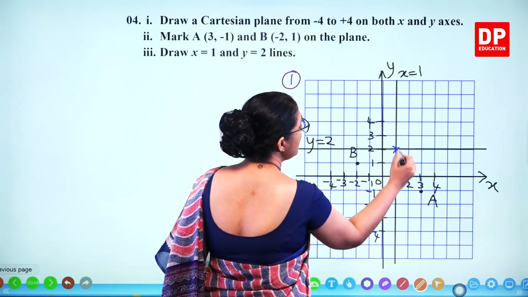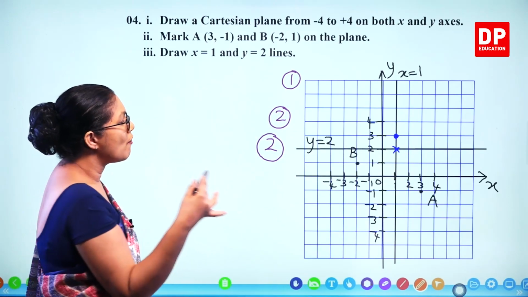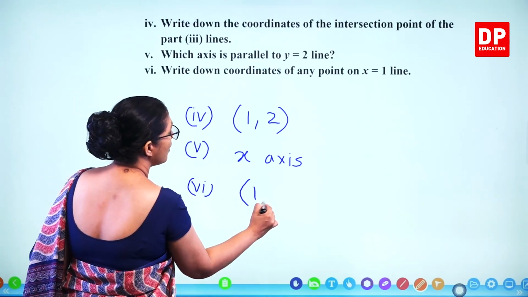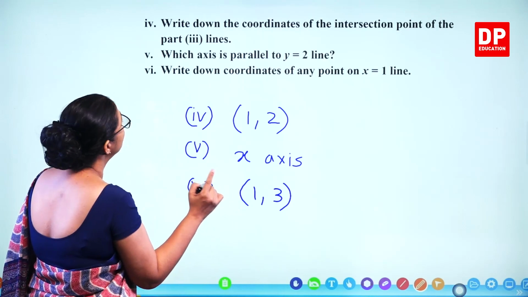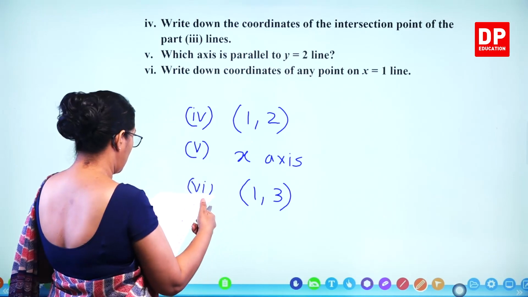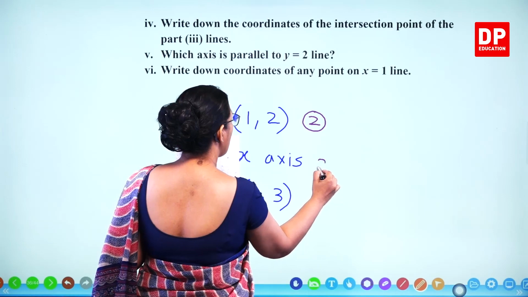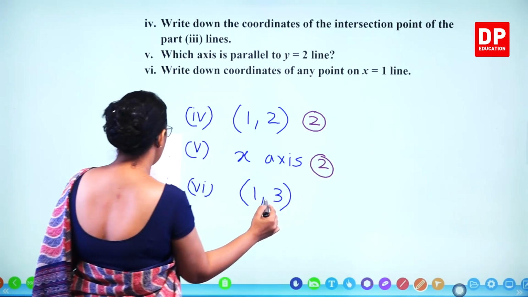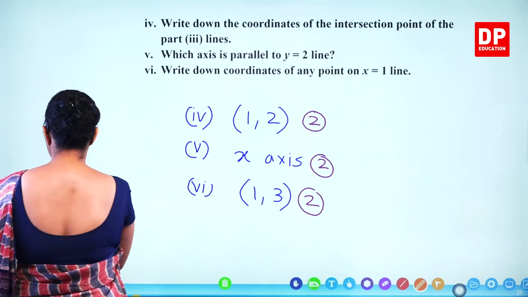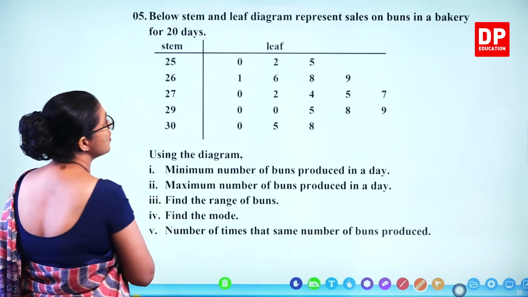So I'll take this point, 1, 3, or 1, 4, or 1, -2. 1, 3. Just 1 point. So you are getting 2 marks for writing down this and 2 marks for the x-axis and 1, 3 or any point, 2 marks. 6 and 5, 11 marks for that question as well.